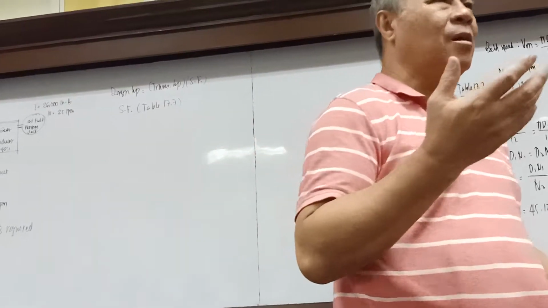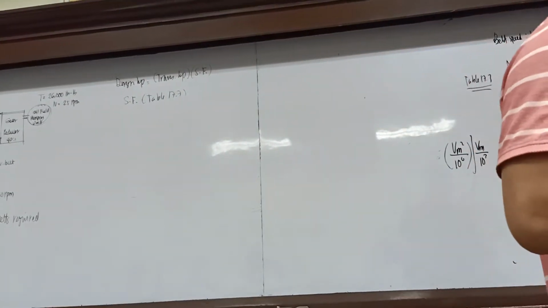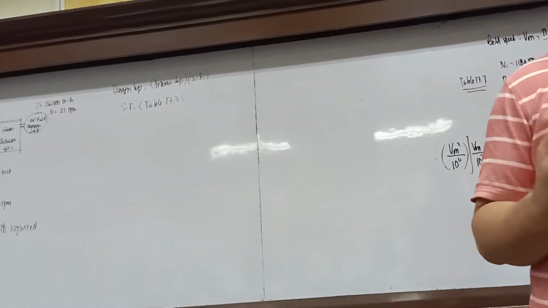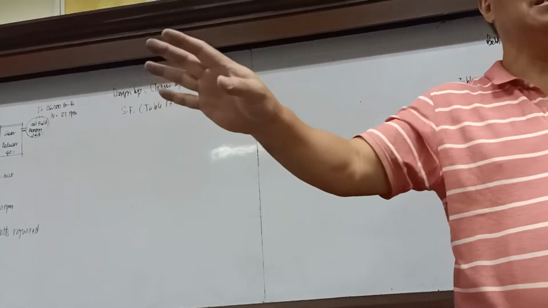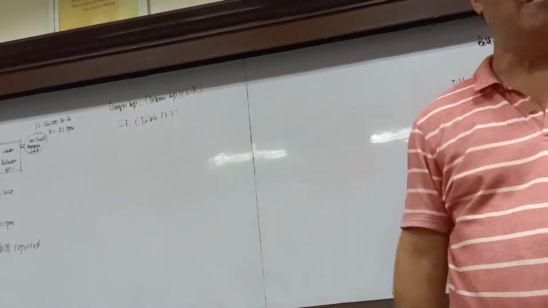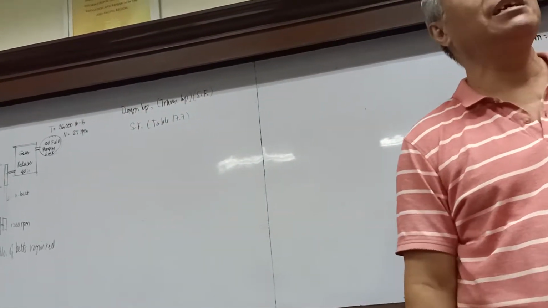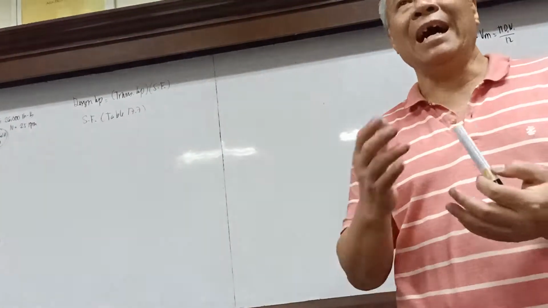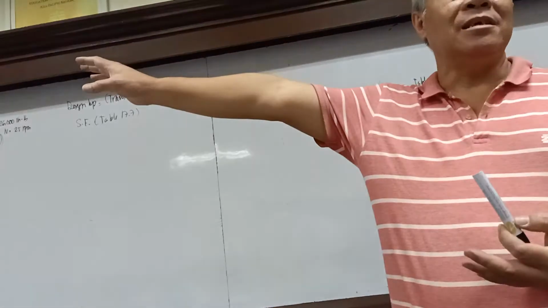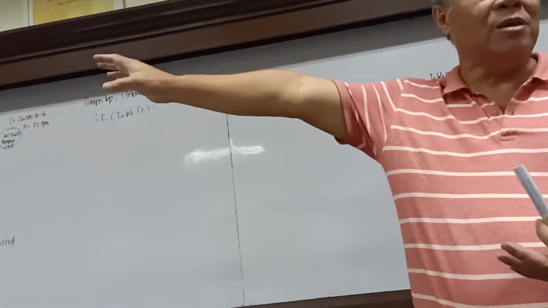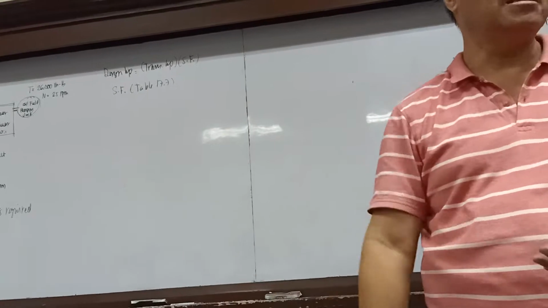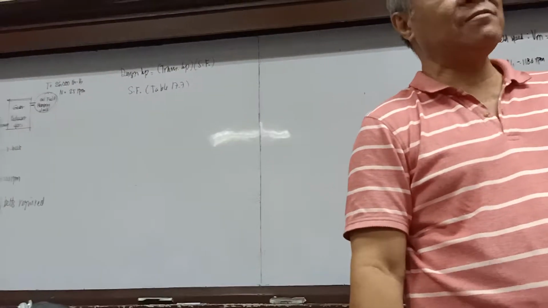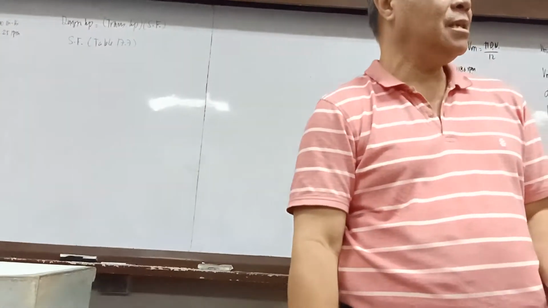Even though I know the type of driven machine, I do not know the type of driving machine. So if you are not sure of that, you can assume the value for the service factor, unless the statement of the problem can be used to determine the actual value. The range of the service factor is between 1.1 and 1.6.